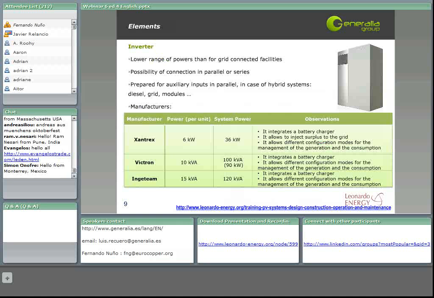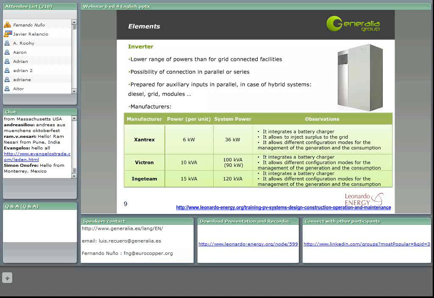Some manufacturers offer us the possibility to connect several inverters in parallel or series, as we can see in the table at the bottom of this slide. Also, some manufacturers prepare their inverters for auxiliary inputs in parallel in order to have hybrid systems with diesel generators, wind generators or any other kind of generators.